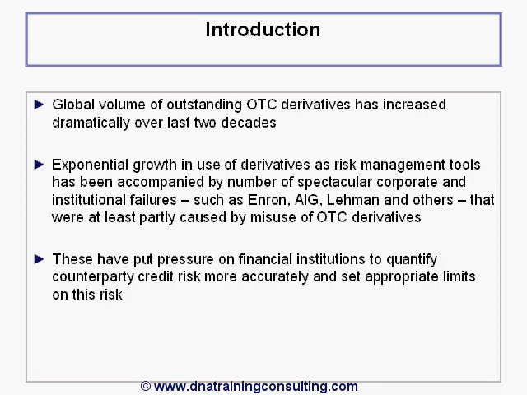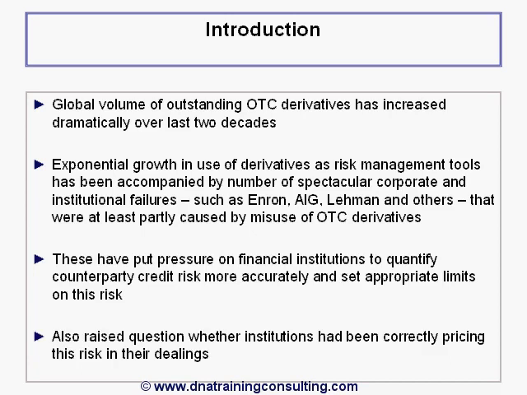These, in turn, have put pressure on financial institutions to quantify counterparty credit risk more accurately and to set appropriate limits on this risk, in addition to raising the question whether institutions had been correctly pricing this risk in their dealings.